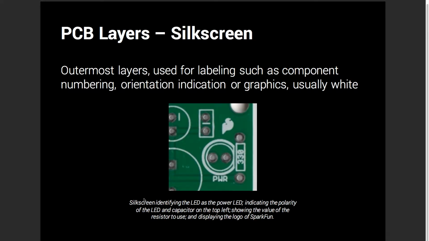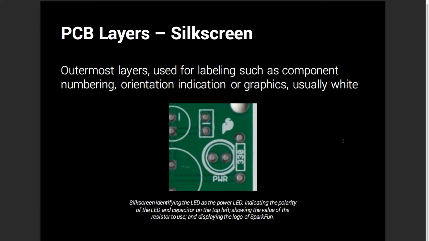So, silk screen is the outermost layer, used for labeling, component numbering, orientation indicators, and graphics. It's usually white. I think if you order a black PCB, it will be white, and if you order a white PCB, it will be black, and I think other colors too.